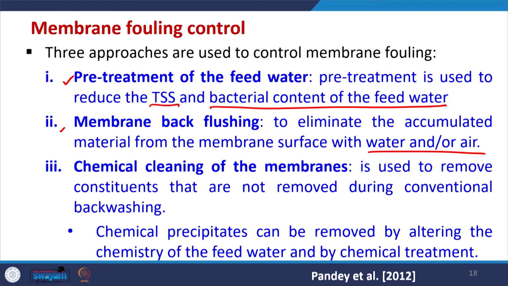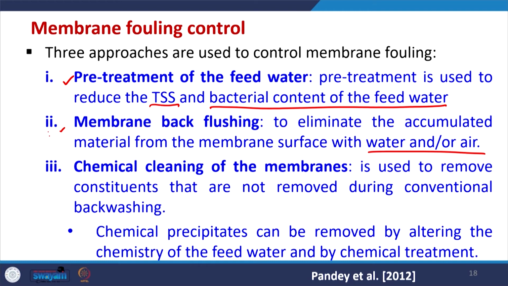Then we can use chemical cleaning of the membranes also. So, this is also possible. It is used to remove the constituents that are not removed during conventional backwashing. It is possible that the simple backwashing technique is not able to remove some of the materials which may have got attached to the surface.